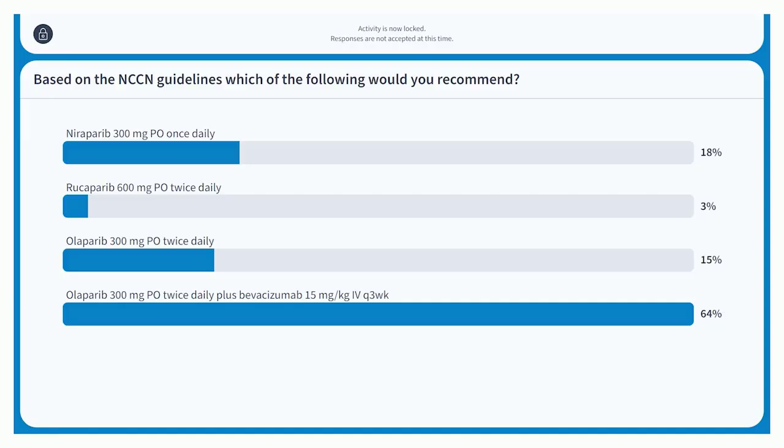Rucaparib and niraparib are not incorrect. They are options for a patient with HRD after their frontline, but they cannot be combined with bevacizumab. So the way the NCCN guidelines has it as a preference is that if a patient had bevacizumab in their upfront, is to continue that as maintenance and add the PARP inhibitor of olaparib to that option.